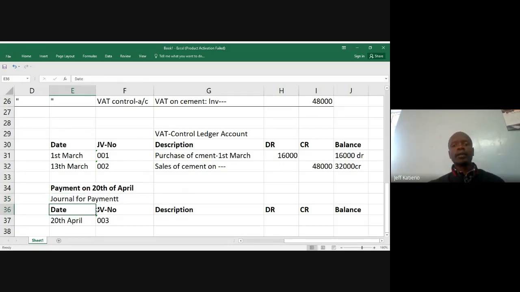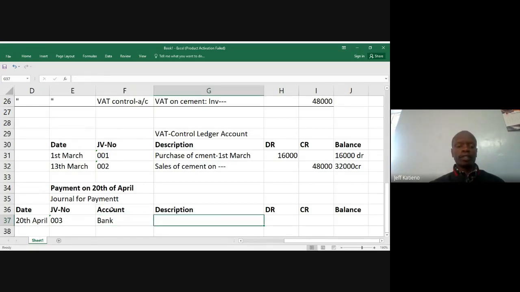When you pay, you'll have it like this: the date 20, then JV number, then account, then description. So the account is first bank, then March 2021 VAT payment.